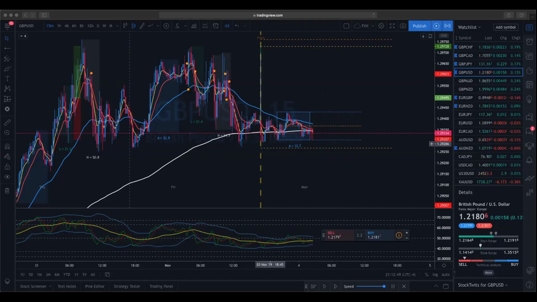As you start to look at this next week coming up, you get a really tight consolidation on Sunday, Monday, an Asian range of only 12 pips. 12 pips consolidation.